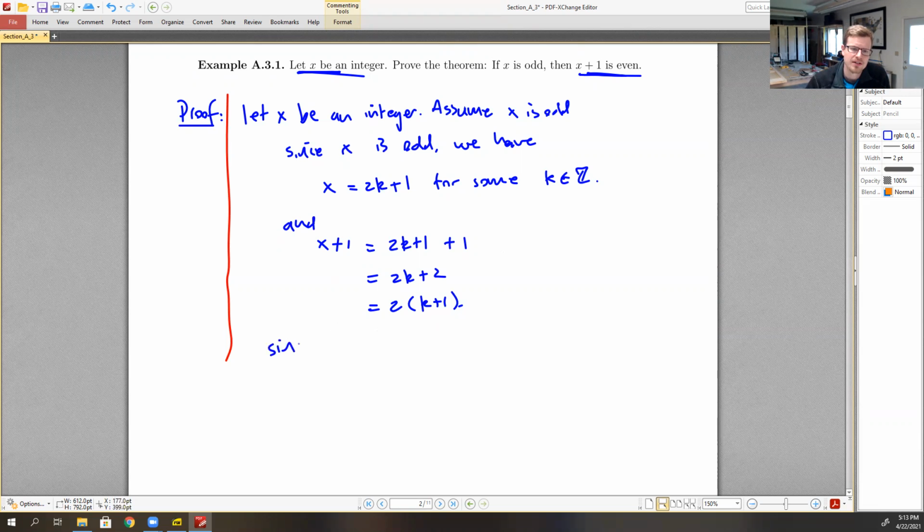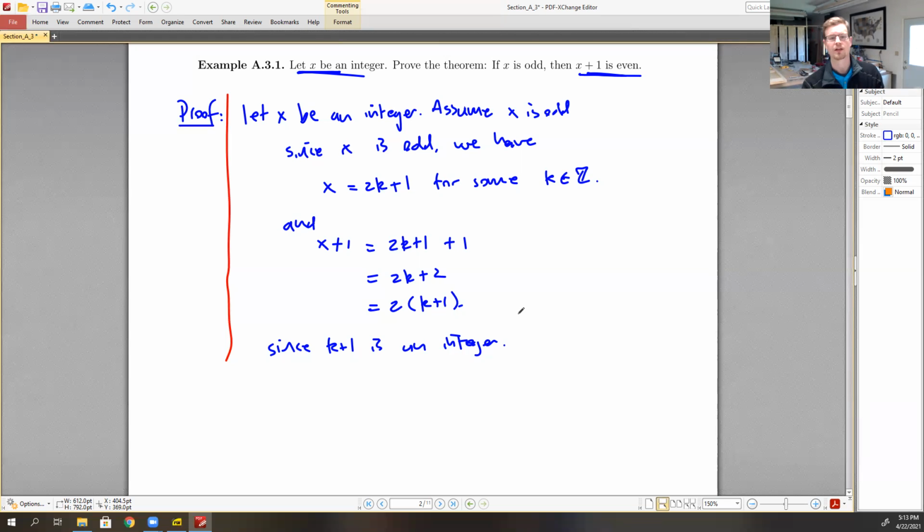So since k plus 1 is an integer, again, it is very important that k plus 1 is an integer. If k were that 2.5 we said earlier, then k plus 1 would be 3.5, and 2 times 3.5 would be 7. Is 7 an even number?